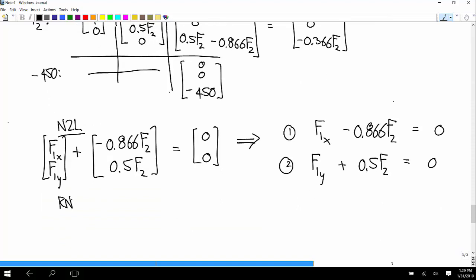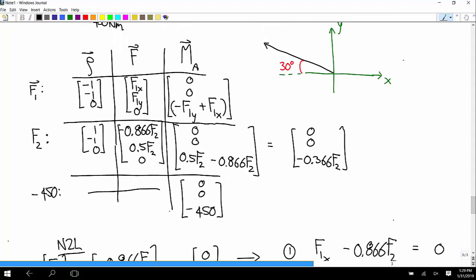And then the moment equation, we only care about the z components here.